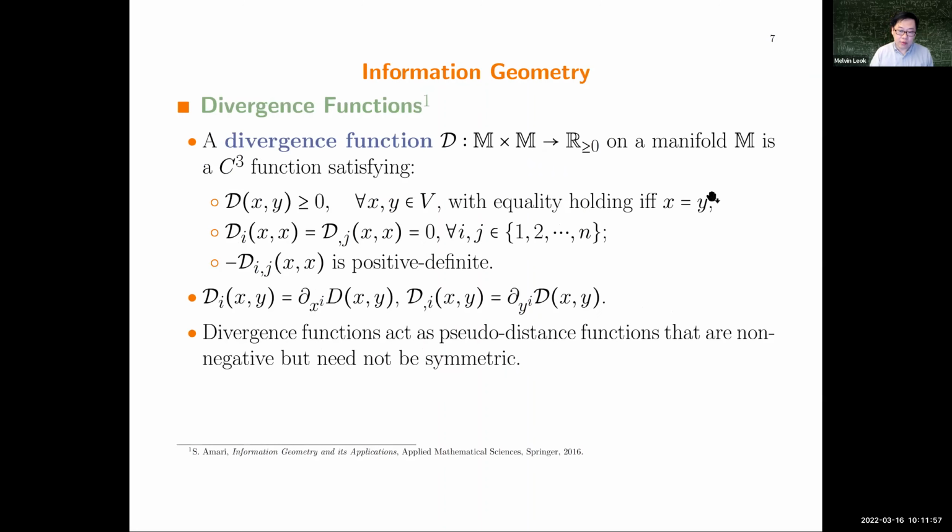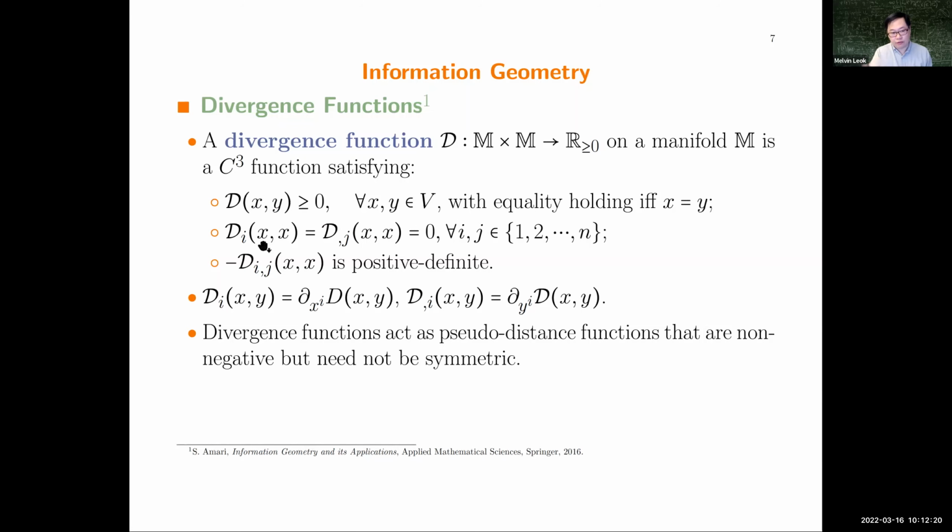All right, so let me briefly say a little bit about divergence functions. So a divergence function is a map from two copies of the manifold to the non-negative reals. And it is sufficiently differentiable, and it has a bunch of properties. The first of which is that it's non-negative, and it's only equal to 0 if the two points are the same.